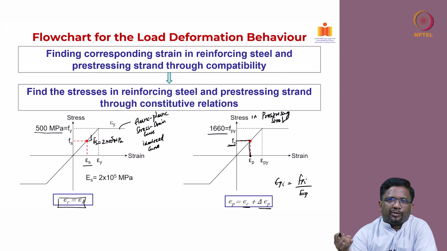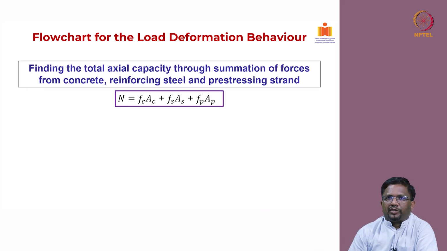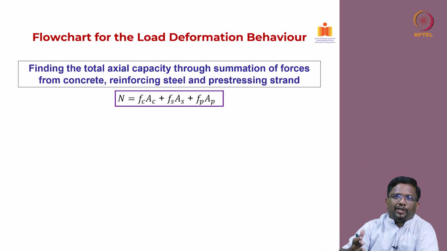So, first we assume epsilon c, we find out what is the stress in the concrete. Now, using compatibility conditions, I can find out the stress in the mild steel or non-prestressed steel and prestressing steel. Now that we got all the stresses, we can use the equilibrium condition because this is an axial load.